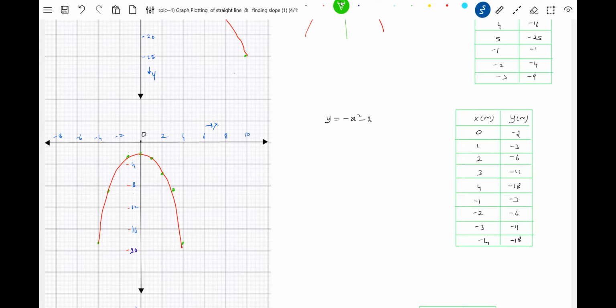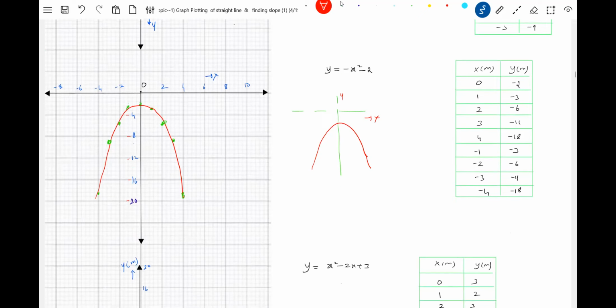Some rough plot. Let me bend it properly. Okay, I think fine. So the curve is something like that. This is also an inverted parabola.